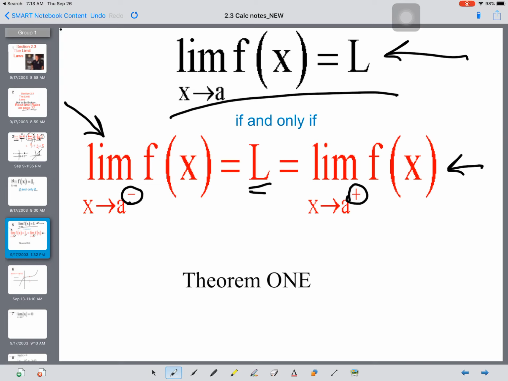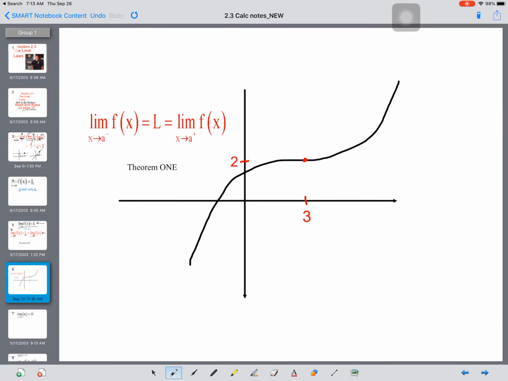But it's possible for the limit from the right and the limit from the left to be equal to different numbers, and therefore the limit wouldn't exist. We'll get into that in a minute. Here's an example of what's going on. Real simple little equation. As I get closer and closer to a, and a in this case is 3, the value of this function is getting closer and closer to 2.